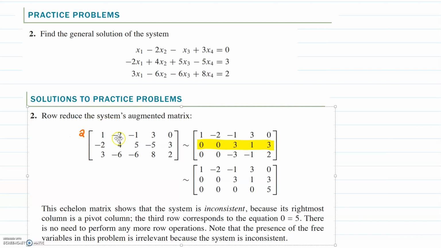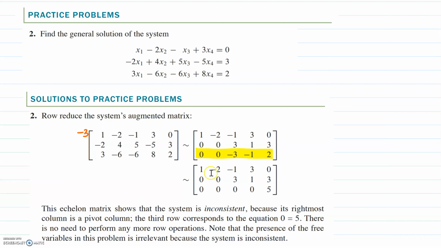Get the 0, you get another 0, you get the 3, the next one is a 1, and the next one is the 3. Then I'm going to erase that, and now I'm going to do the same thing, that first, the 0 in the first column of the third row. So I'm going to multiply that by a -3 to get this row. And you can see you'll get 0, 0, -3, -1, and 2.